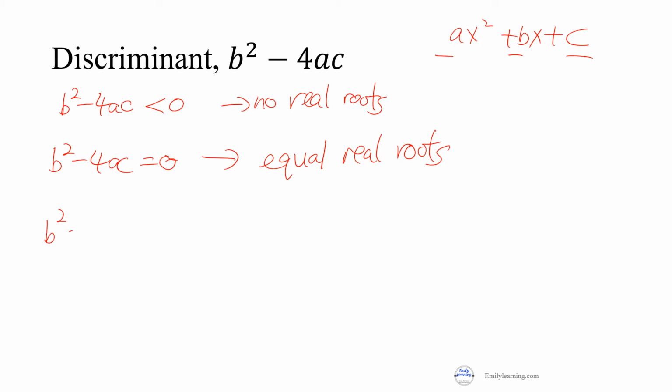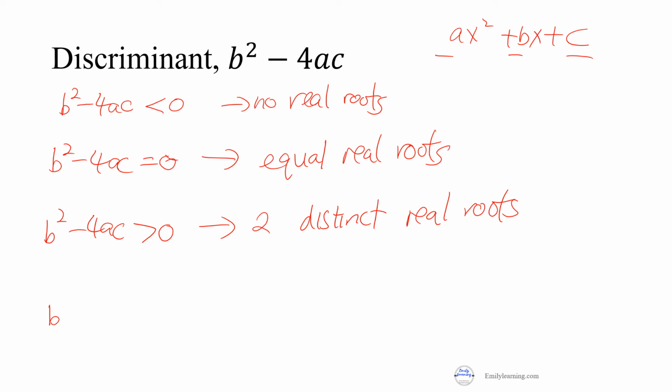When b squared minus 4ac is greater than 0, there are two distinct real roots. That means when you solve for x, there are two values of x. If the question says that there are real roots but it didn't specify 1 or 2, then you'll use b squared minus 4ac is greater than or equal to 0.